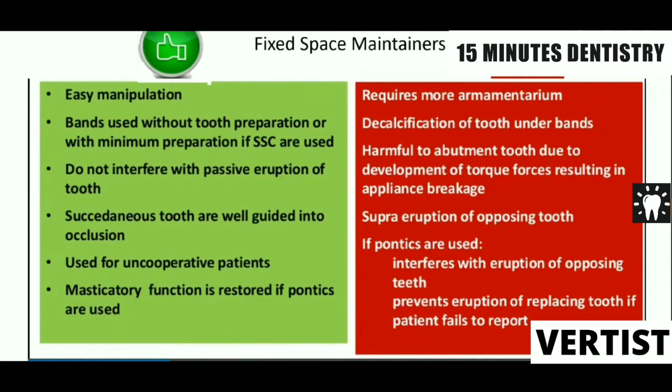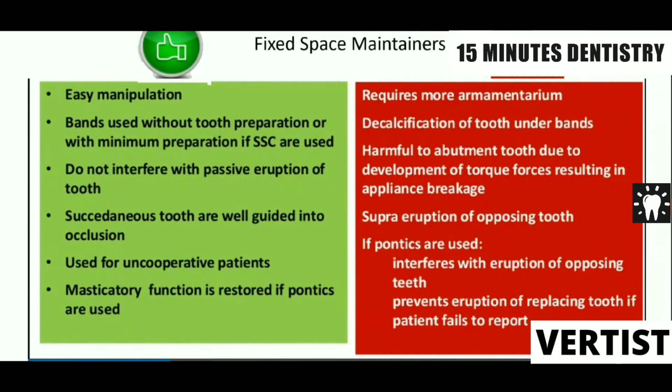The succedaneous tooth or teeth are well guided in occlusion. They can be used for non-compliant patients, or basically uncooperative patients. Removable partial dentures also need compliance on the parents' and the patient's side. And masticatory function can be restored if pontics are used in the fixed space maintainer, for example, the Gropers Appliance.